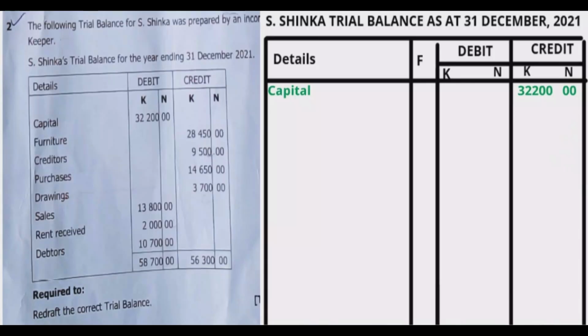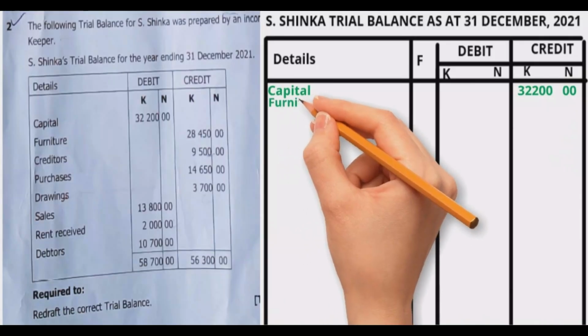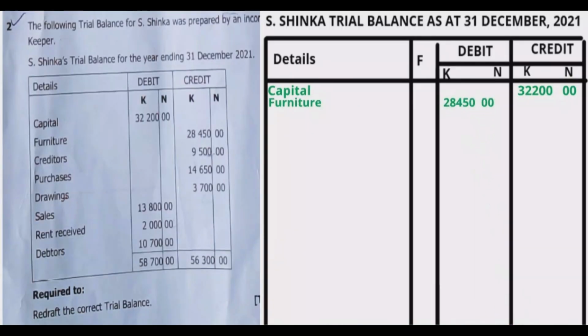Okay, now when it comes to furnitures, should the furnitures be credited or debited? It should be debited. Okay, creditors, which is 9,500, should it be credited or debited? It should be credited. So the 9,500 was rightly recorded. These two were swapped.